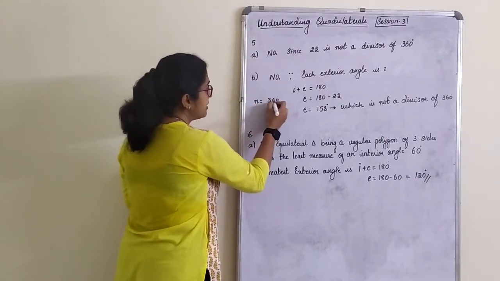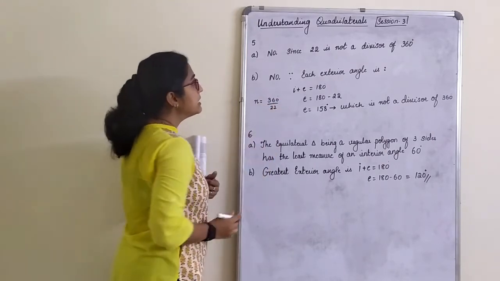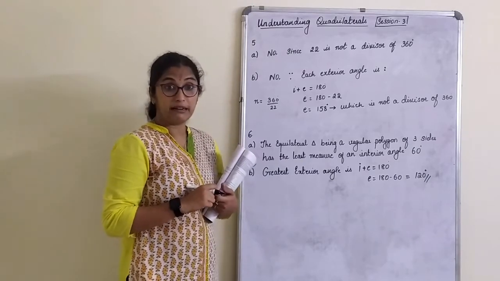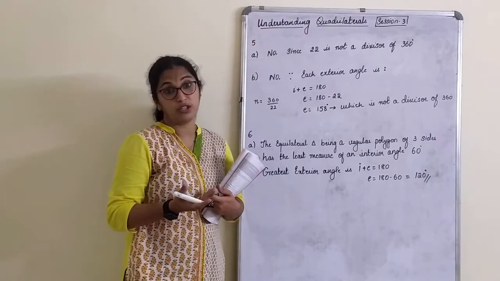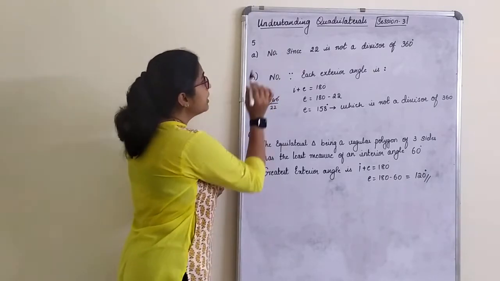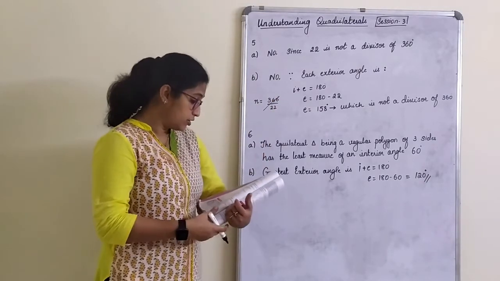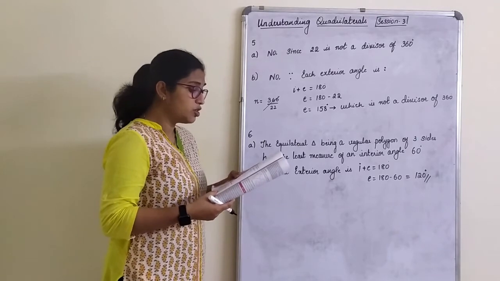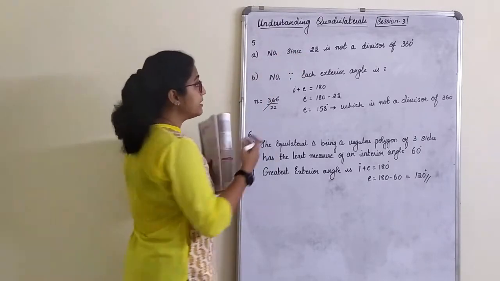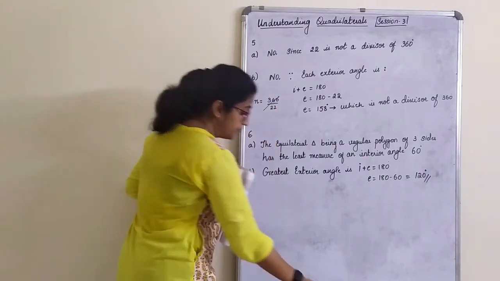When I divide 360 by 22, since 22 is not a divisor of 360, the answer will come in the form of a fraction. Number of sides cannot be a fraction or decimal. So it is not possible to have a regular polygon whose exterior angle is 22 degrees. Next one.